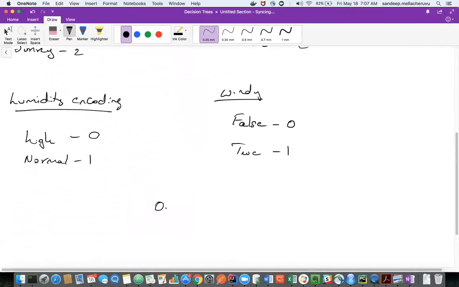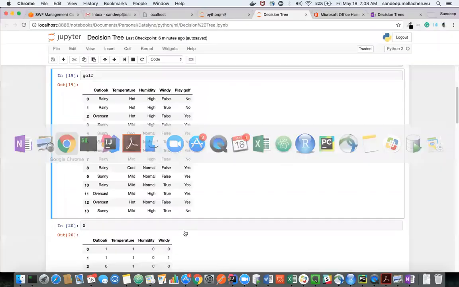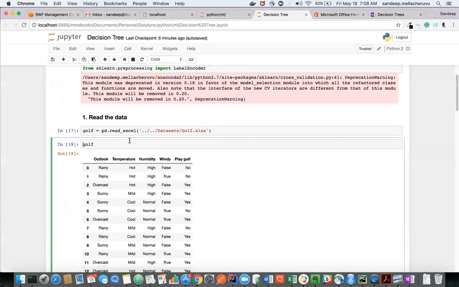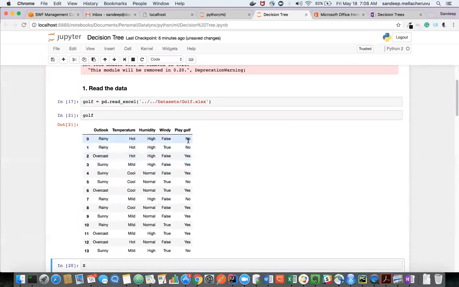So if outlook equals overcast, initially what are the number of times we played golf versus the number of times we did not play golf?